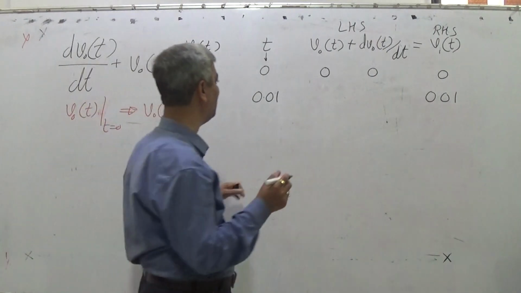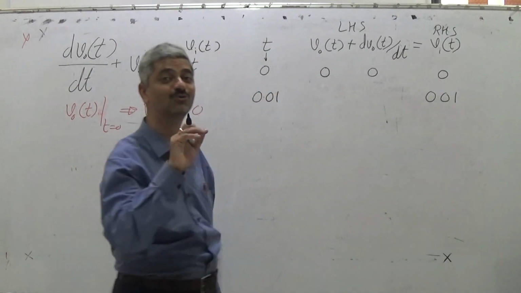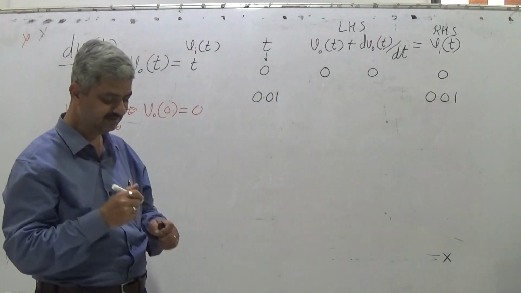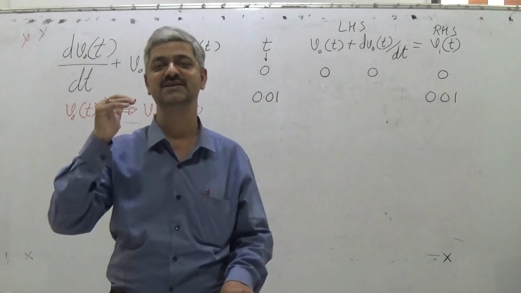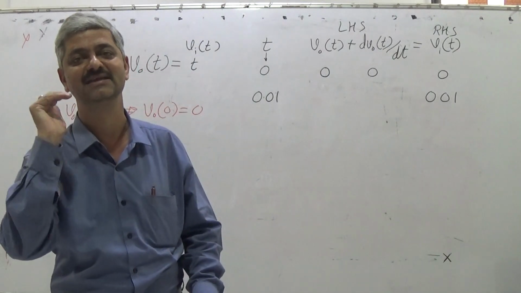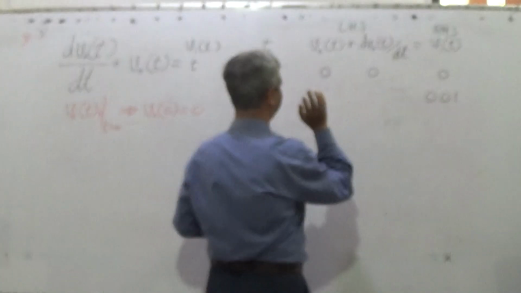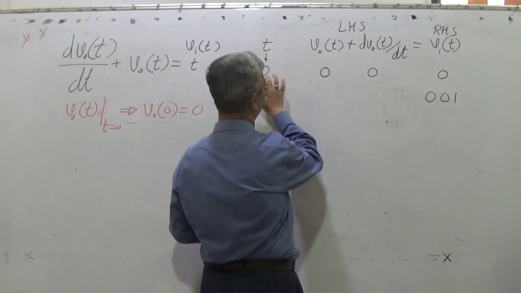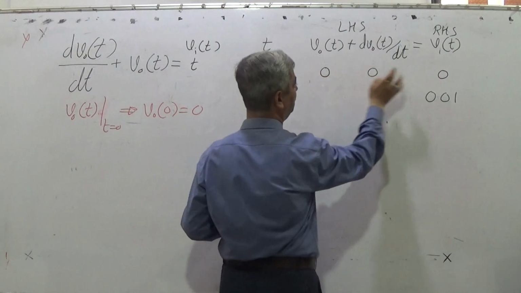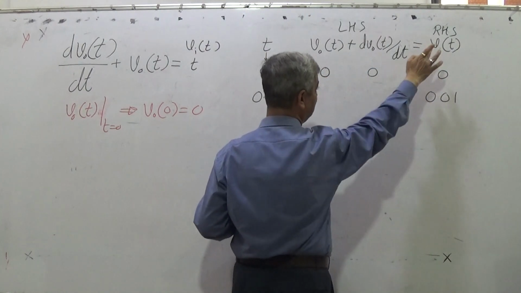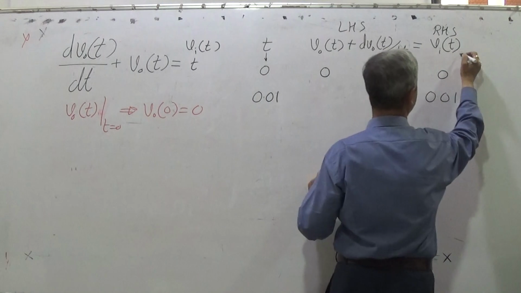So if I assume, how to start? Assumption is always done at the halfway mark. At t equal to 0, VOT was 0, and V in t was also 0 because V in t is equal to t.